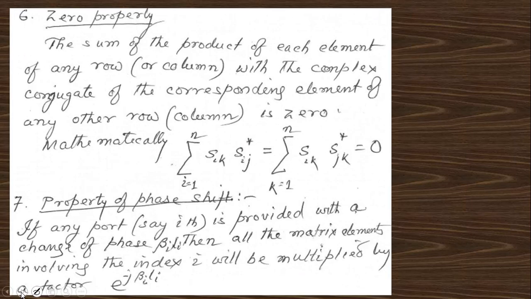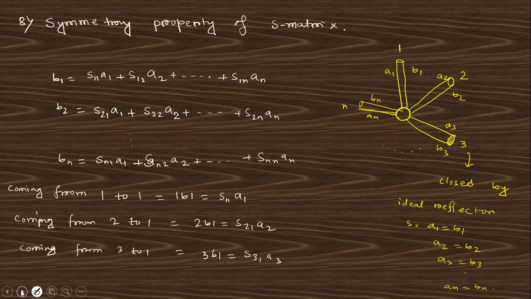Actually here we write this: B1 is coming from 1 to 1, that is S11, coming from 2 to 1, that is S21, 3 to 1, S31, and so on.